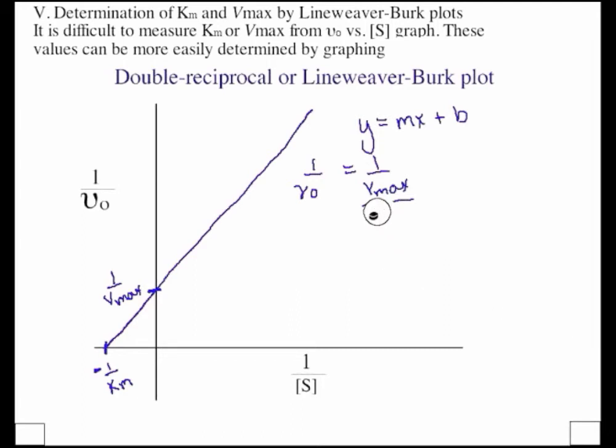Just a quick note that can be simplified. So Km over Vmax times x, which is 1 over the substrate concentration, plus b.